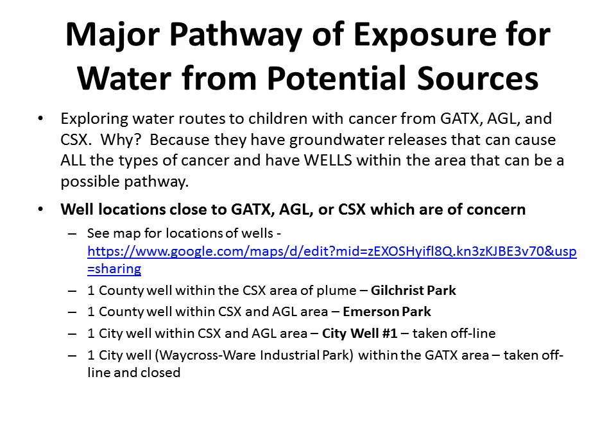We're going to now look at the water pathways. We're going to focus on GATX, AGL, and CSX. The reason we're focusing on those is because they all had groundwater releases, and they had wells close to the areas of concern. In other words, close to their sources.